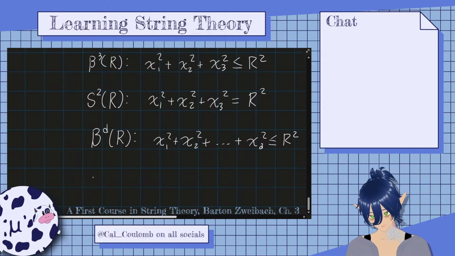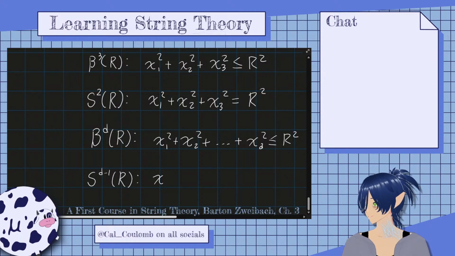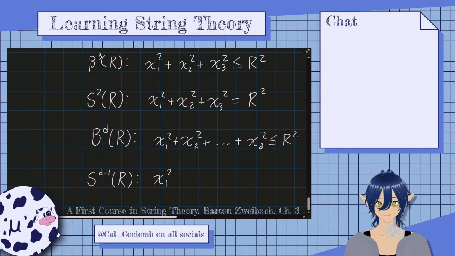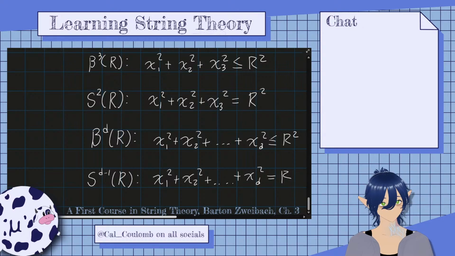And the sphere S^(d-1) of r is just the same thing, but again with an equality rather than a less than or equal sign. So x1 squared plus x2 squared plus ... plus xd squared is equal to r squared.